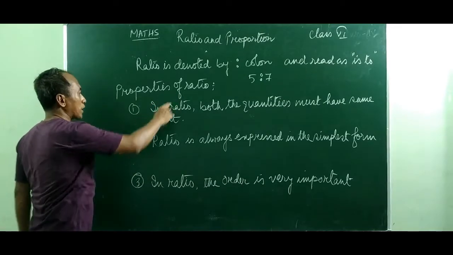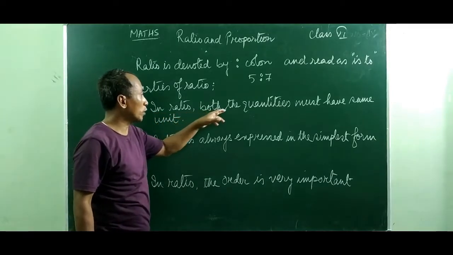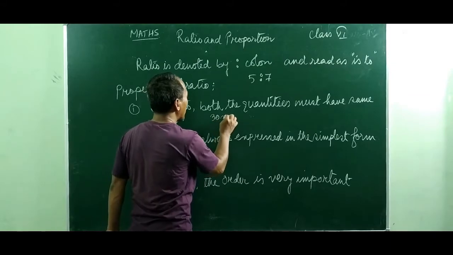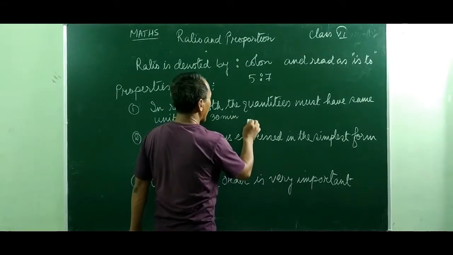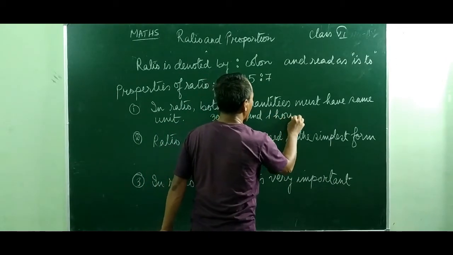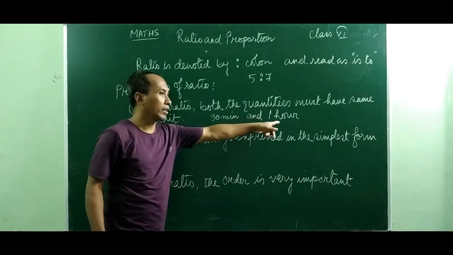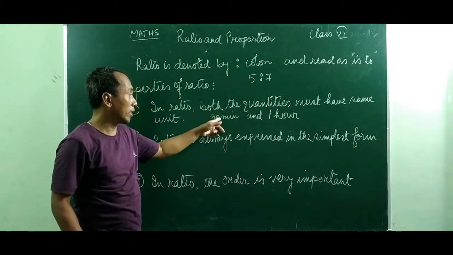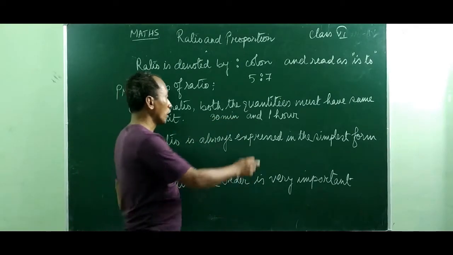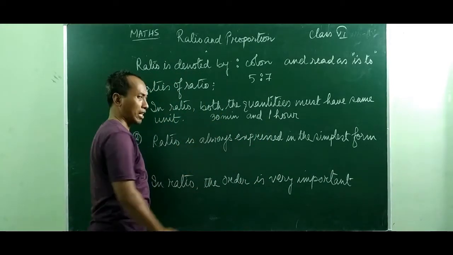Now some properties of ratio are there. I mentioned before, in ratio both the quantities must have the same unit. For example, 30 minutes and 1 hour. Here both of them are time, but the units are not same. Therefore, we will have to convert 1 hour into minutes or 30 minutes into hour.